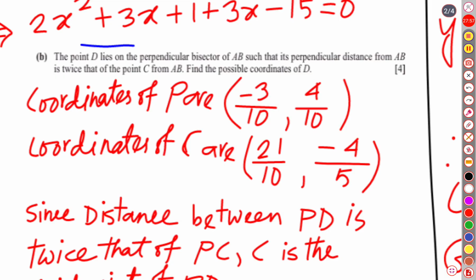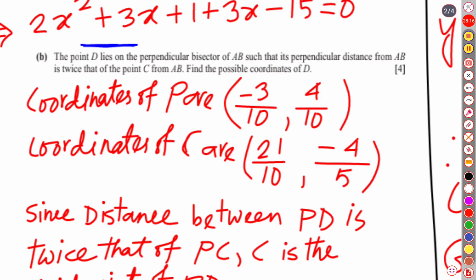Find the possible coordinates of D. So it's a little bit twisted. For solving this, it seems to be very easy, but actually it's not as easy as it seems to be. So let me sketch a figure of this.